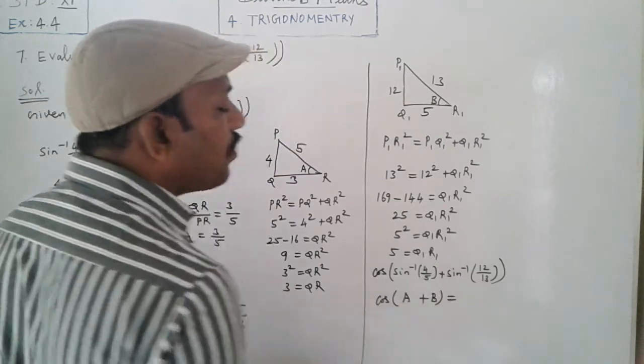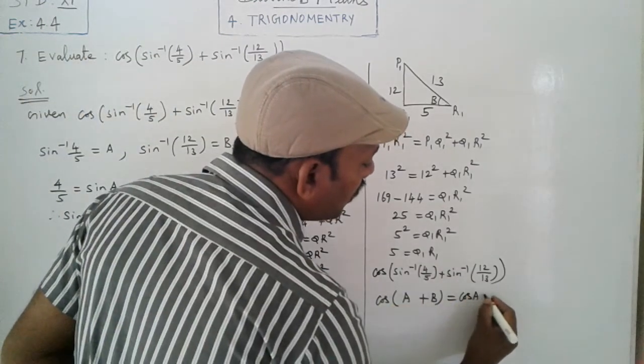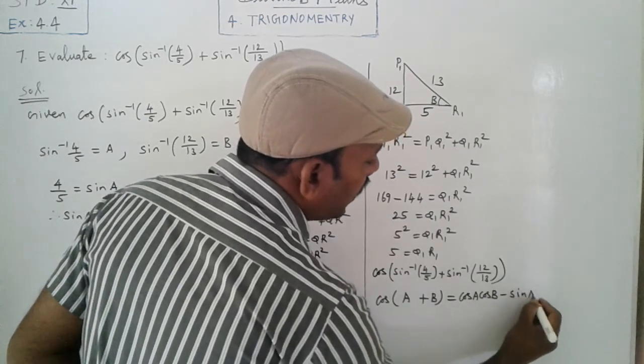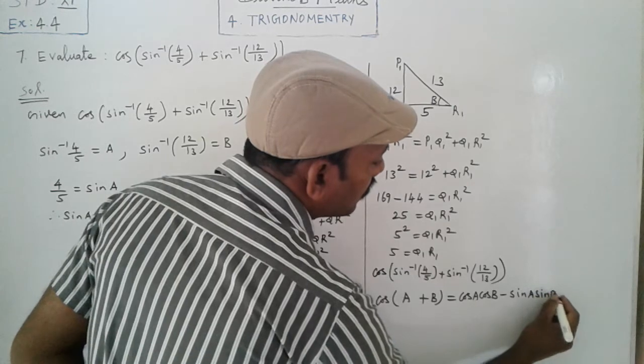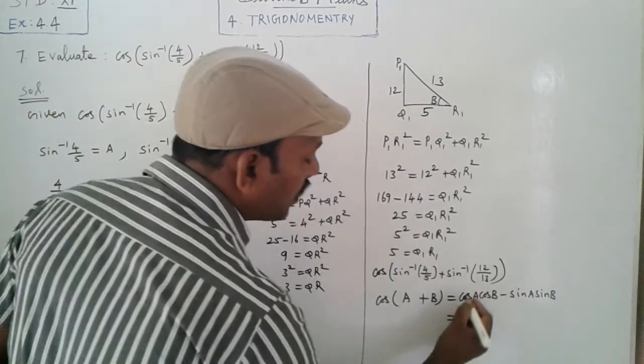Then we know the formula: cos(A plus B) equal to cos A cos B minus sin A sin B. We should substitute these values here.